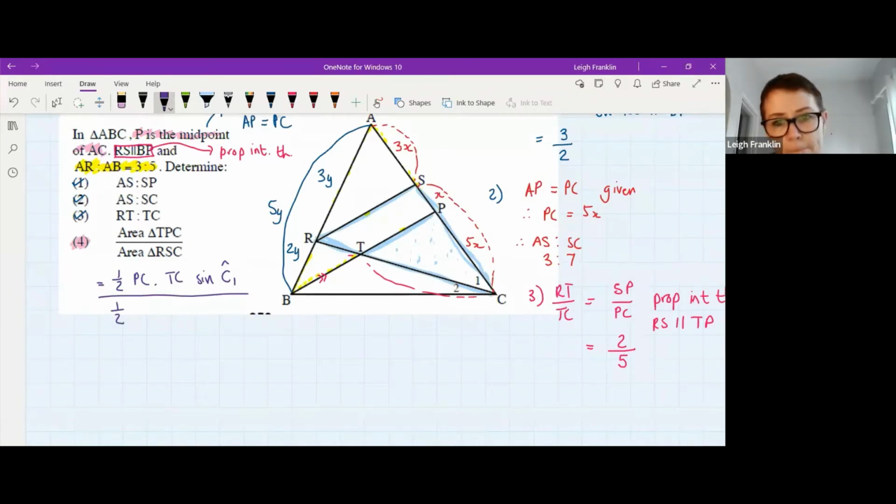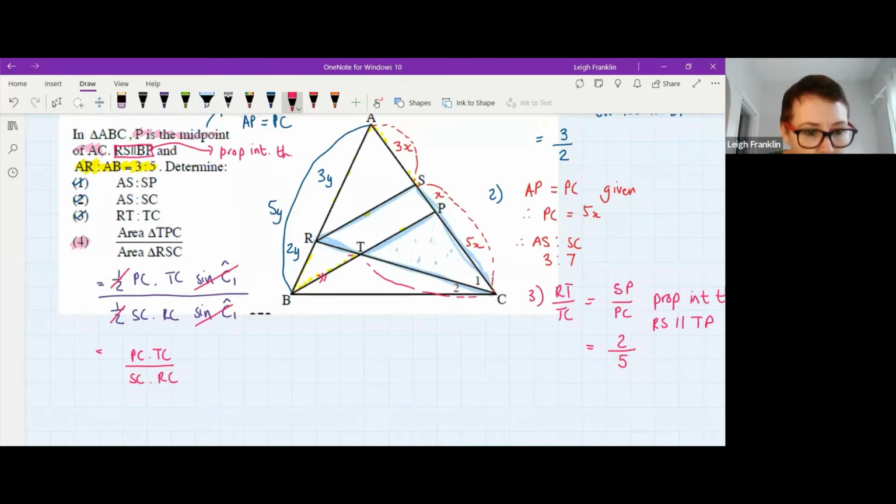Half, then this whole side over here and that whole side over there, so that would be SC. This whole side would be RC, sine C1. Then of course anything divided by itself is 1. So we're going to end up with PC times TC over SC times RC.